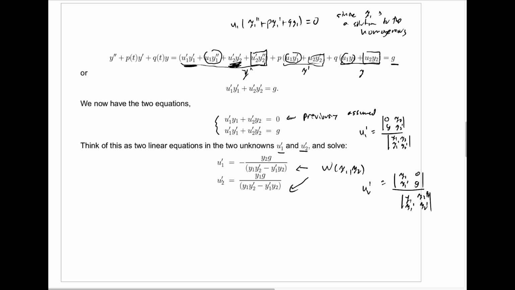Of course, in order to finish our solution for the variation of parameters method, we need to know what u1 and u2 are, not just what their derivatives are, but that's easy. We just integrate. So to find u1, we integrate that formula we just had. I pulled the minus sign out, so u1 is minus 1 times the integral of y2 g over the Wronskian.